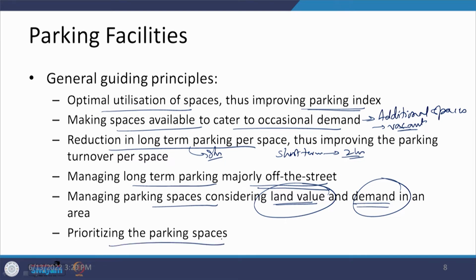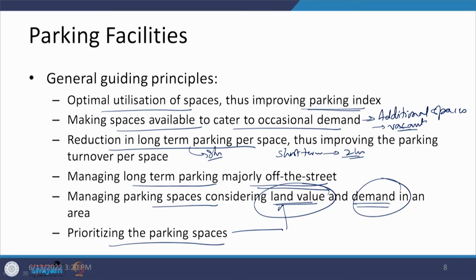Prioritizing the parking spaces. When we are prioritizing these parking spaces, it means whether we are giving more emphasis to motorized two wheelers, cars or heavy vehicles, and again this is going to be correlated with the land. So, the type of activity and the type of land use may define what type of vehicles need to be there more at that location.